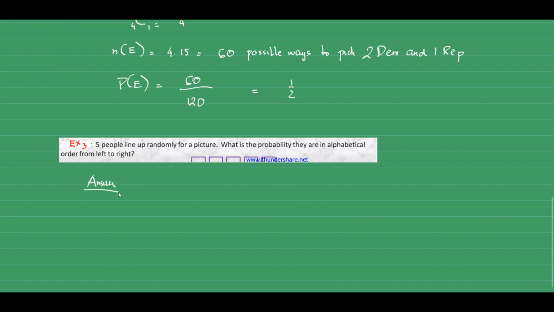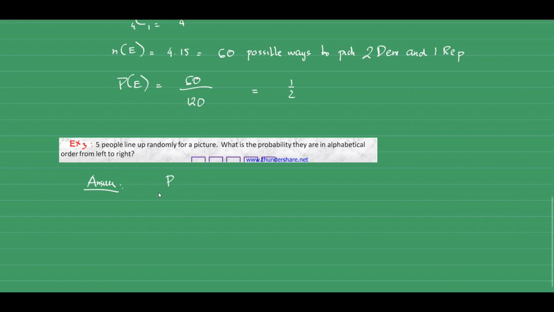So let's see how we do this. Again, we're going to find the sample space. They are put in order from left to right, so it means we're going to do permutation. You can do the counting principle here too if you want to.